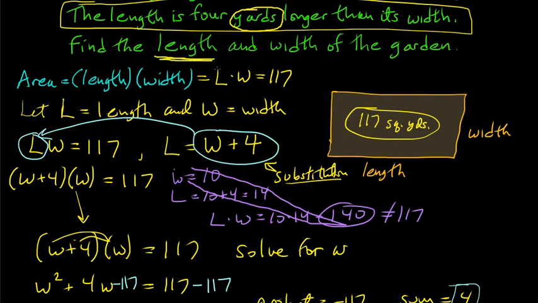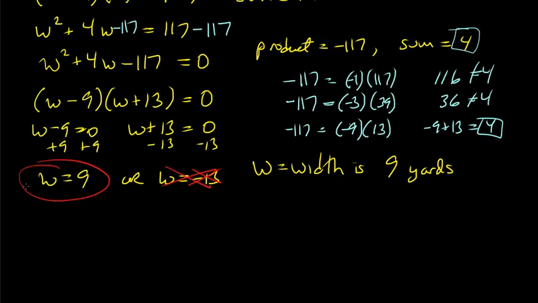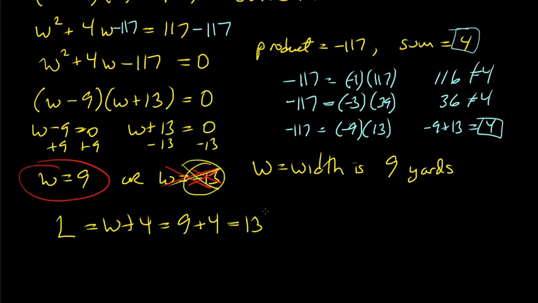Find the length and the width. But remember, the length is just 4 yards longer. L is W plus 4. W is 9. So 9 plus 4 is 13. Not negative 13. We crossed that out. So L, which is the length of the garden, is 13 yards.